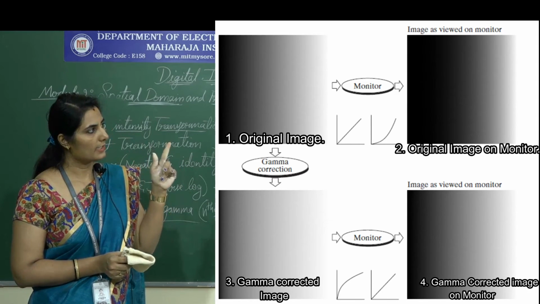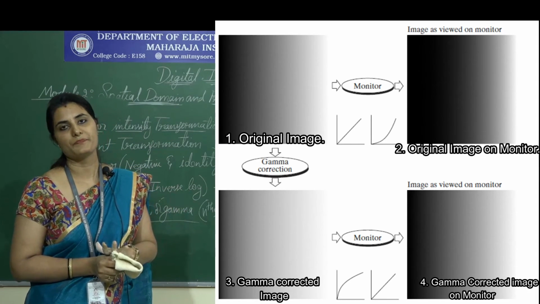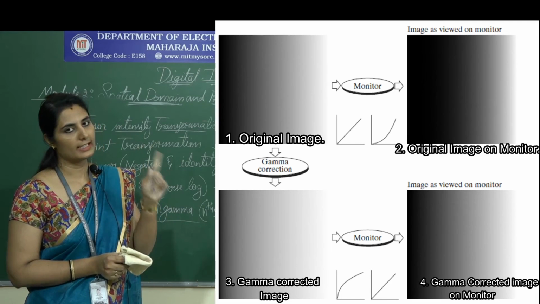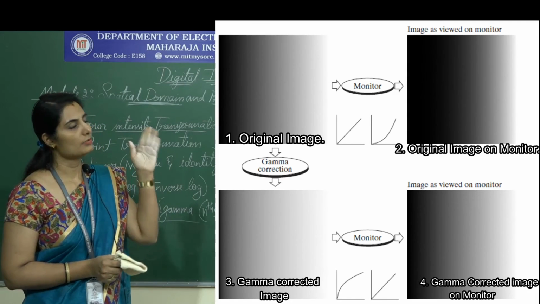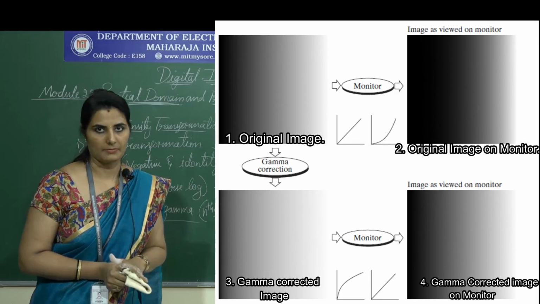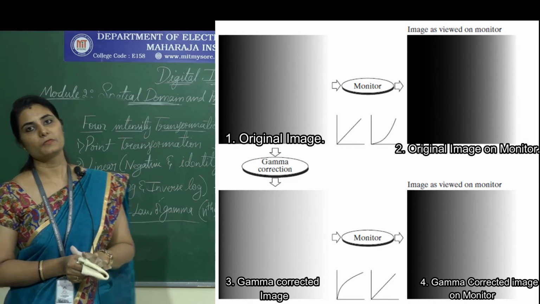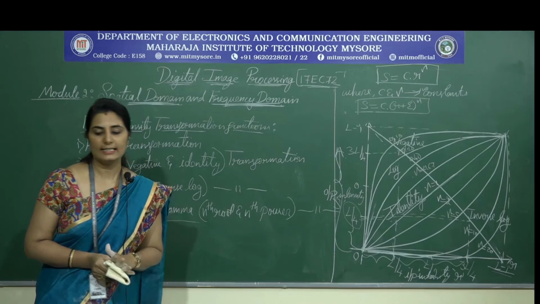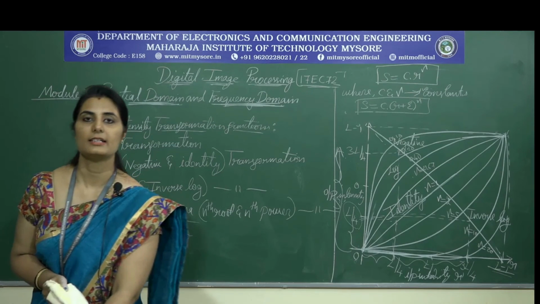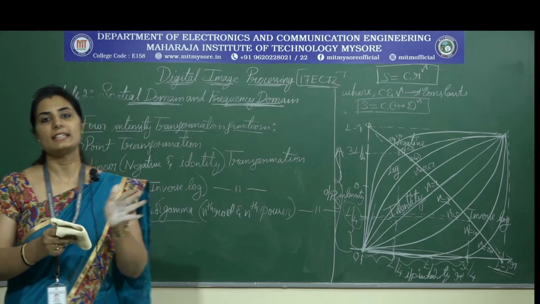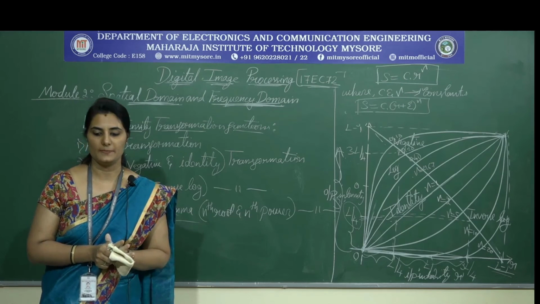So now compare figure 1 and figure 4, or figure A and figure D. Now these two are approximately same. So this is one application of gamma correction, and the next application is in compressing the darker intensity level.